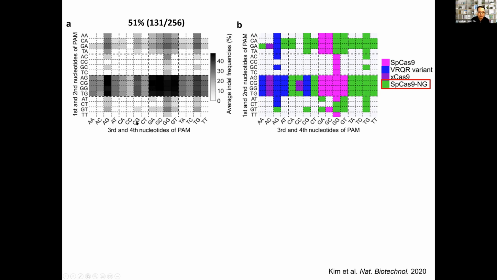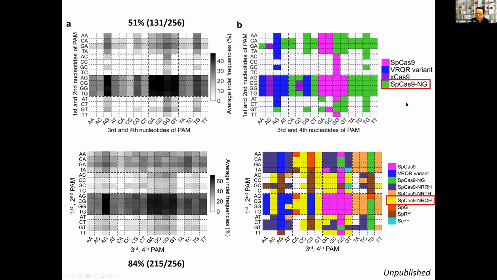The number of possible 4 nucleotide PAM sequences is 4 by 4 by 4 by 4, so it's 256, and roughly half of them were able to be targeted using at least one of these Cas9 variants. But still, the other half is not targetable.